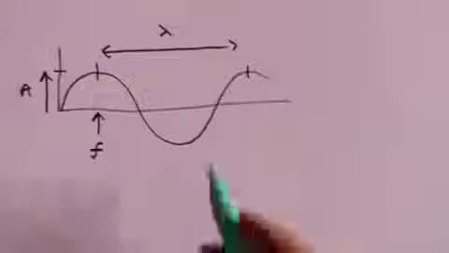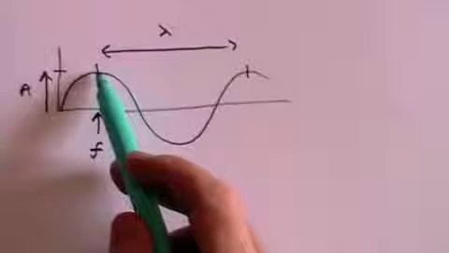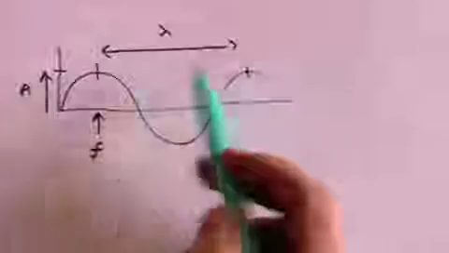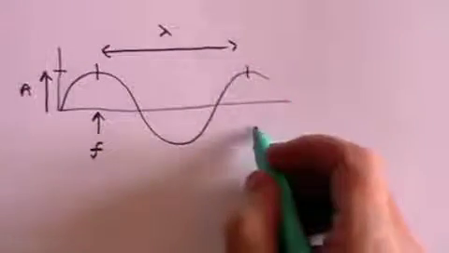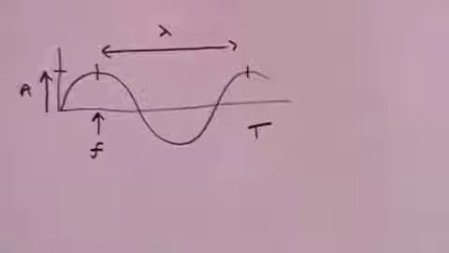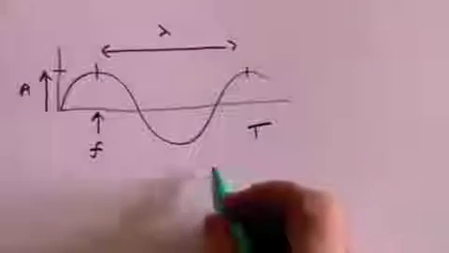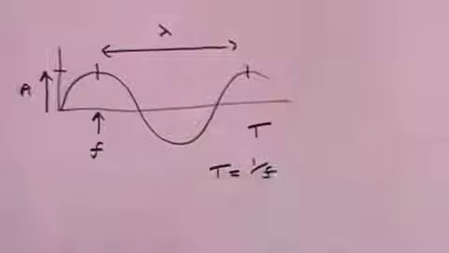And we say that the time it takes for one crest to travel to the point of the next crest is called the period of the wave, which is T. And T is 1 over f.